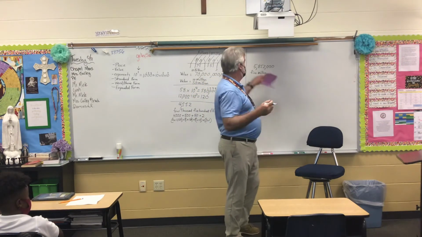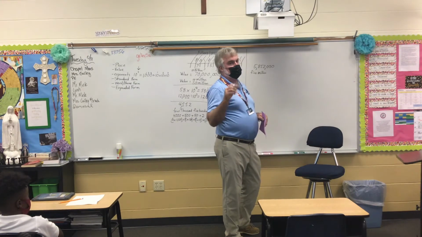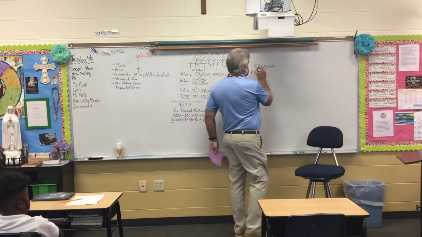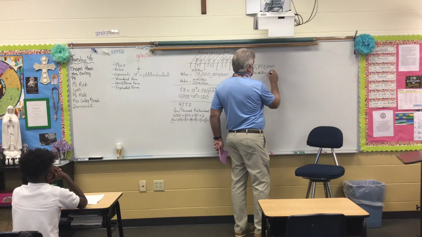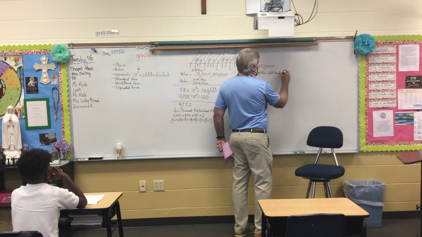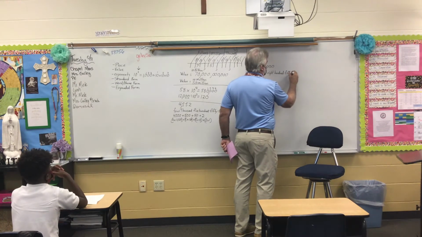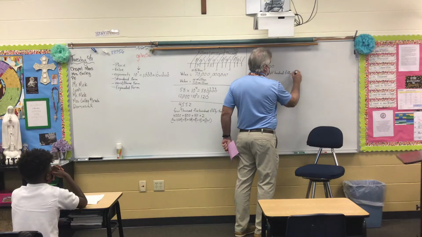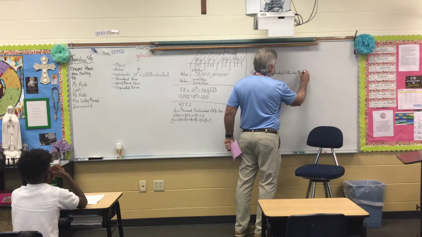Don't write 800,000, 50,000, 2,000. Write it as that whole thing, and then thousands. So you're gonna have 852,000.